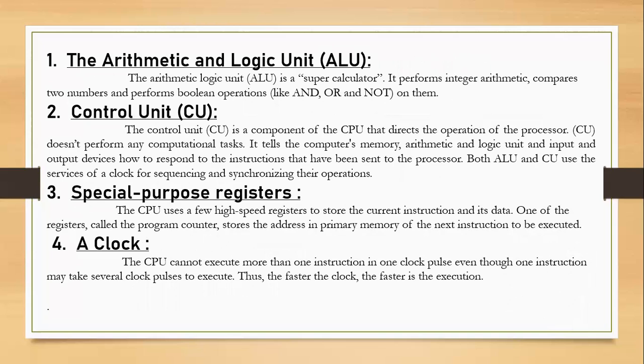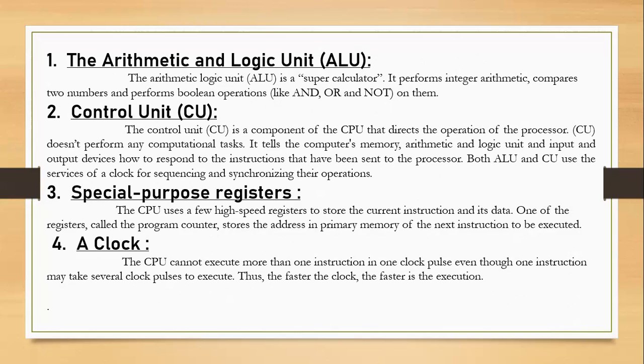Let us discuss the parts, starting with the arithmetic and logic unit. The arithmetic and logic unit is a super calculator. After all, the CPU is a faster calculator. Apart from calculation, it does many things. That's why we are behind computers; the calculations are so fast.